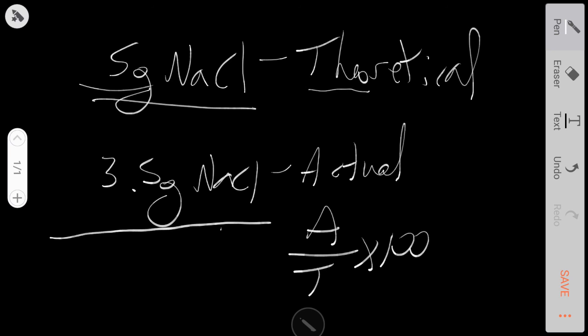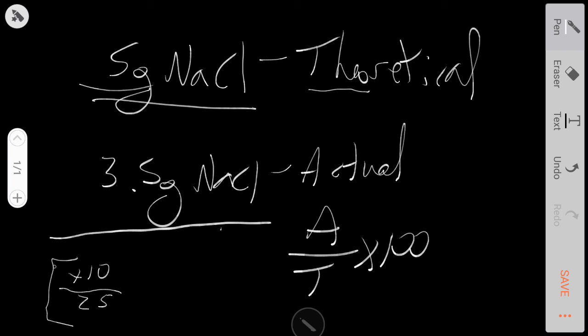This is the same way you guys would calculate what you got on a test or a quiz. Tomorrow's test is 25 points. Okay? It's 25 points. So theoretically, you could get 25 points. But let's say you only scored 10. Good for you. So you got plus 10. And this is how I write your grades.